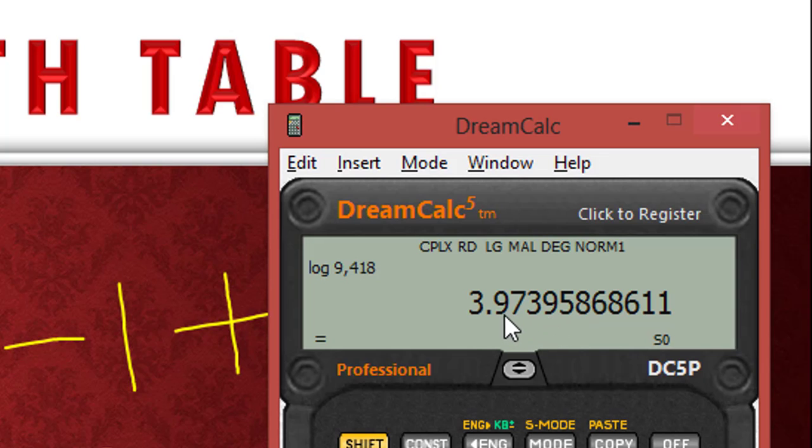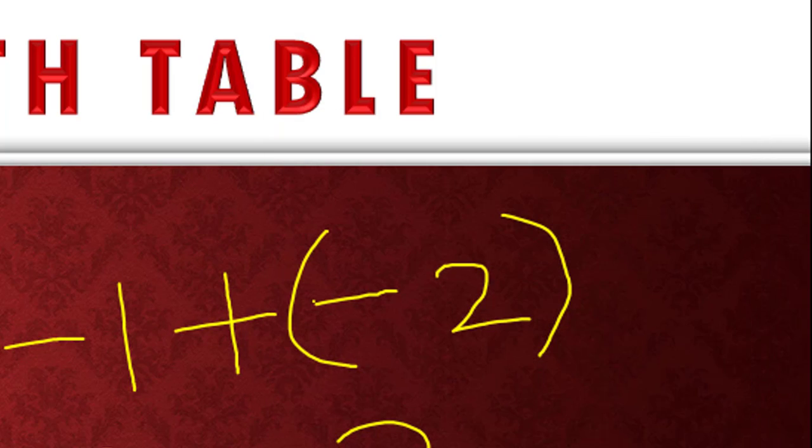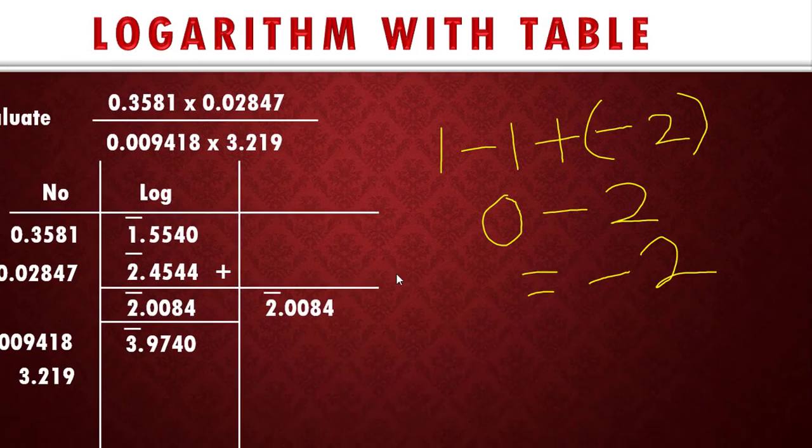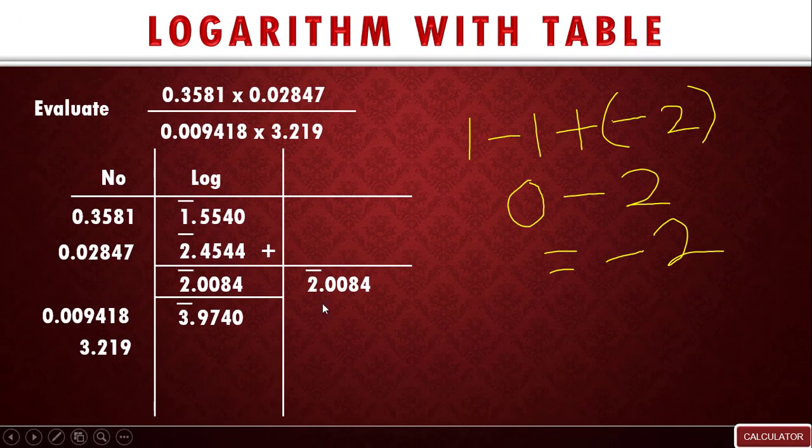So for the mantissa side we have 9740. So we don't need this 3, which is the characteristic. I told you we're only doing a workaround. So we now have this value 9740. Okay, the next number, which is 3.219.